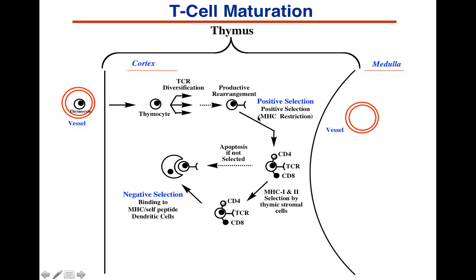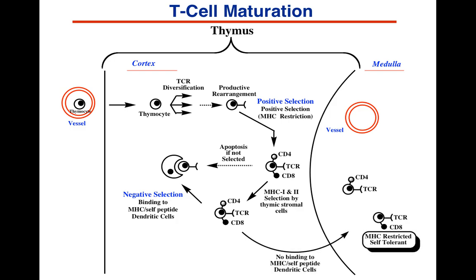So as you can see, you've got positive selection for MHC1, MHC2 binding, and negative selection, elimination of ones that bind to self-peptides displayed on the surface of the dendritic cells. So once a cell has the ability to bind to MHC1, MHC2, but not self-peptide, it makes it through this gate. There's no binding to that cell, then it will progress out into the medulla.